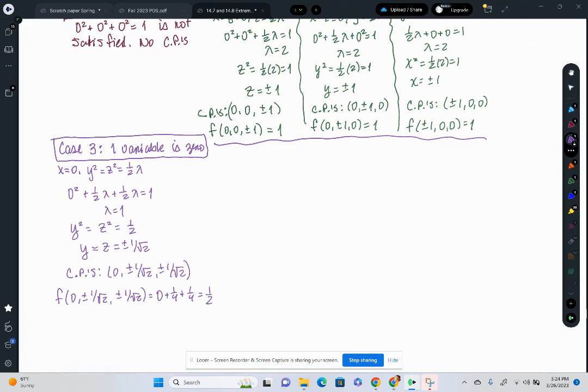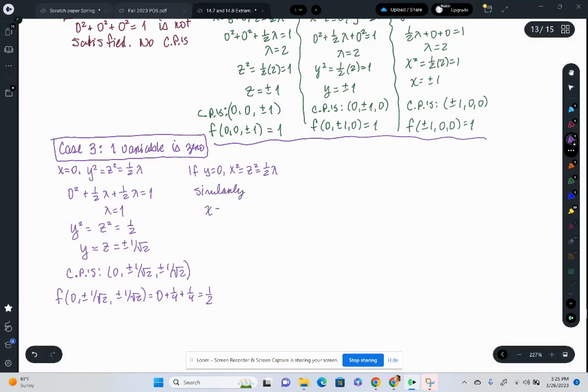Okay, the next case is very similar. It's the case where y is equal to 0. So if y equals 0, x squared equals z squared equals 1/2 lambda. And similarly, I'm going to cut to the chase here. We're going to get x equals z equals plus or minus 1 over the square root of 2.